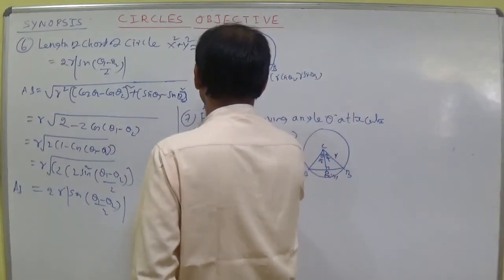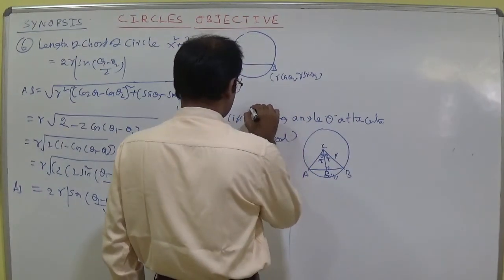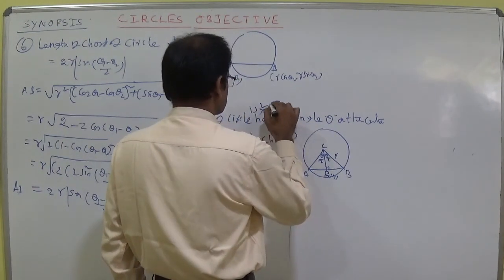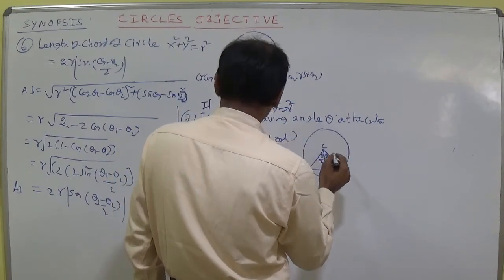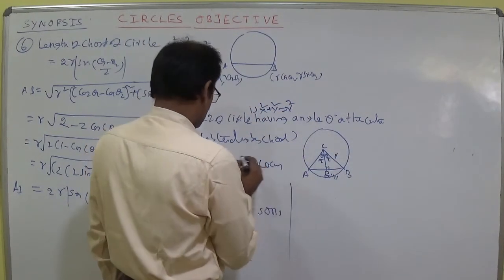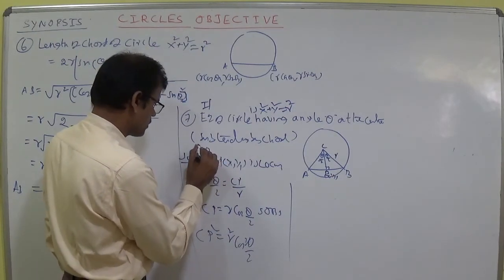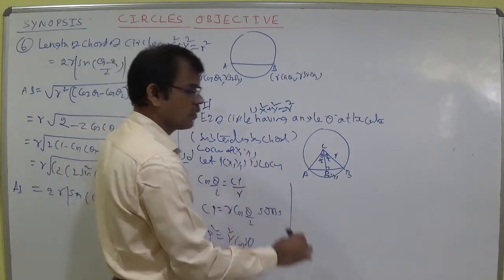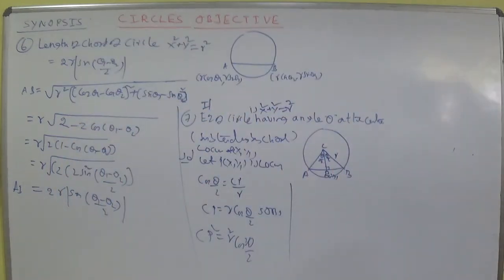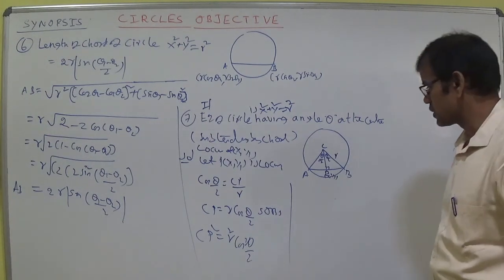I am writing, if the equation of circle is x square plus y square is equal to r square, having an angle theta at the center subtended by the chord, the locus of x1 comma y1.